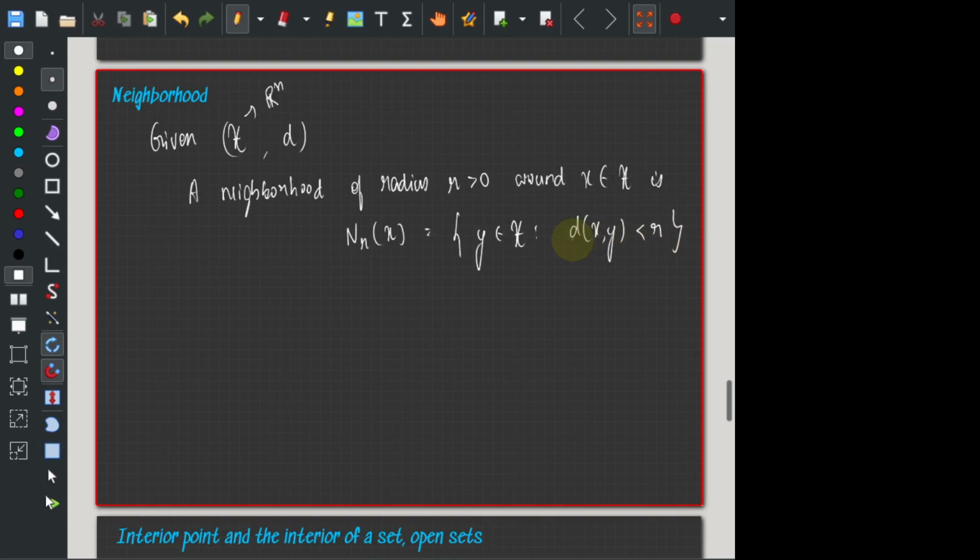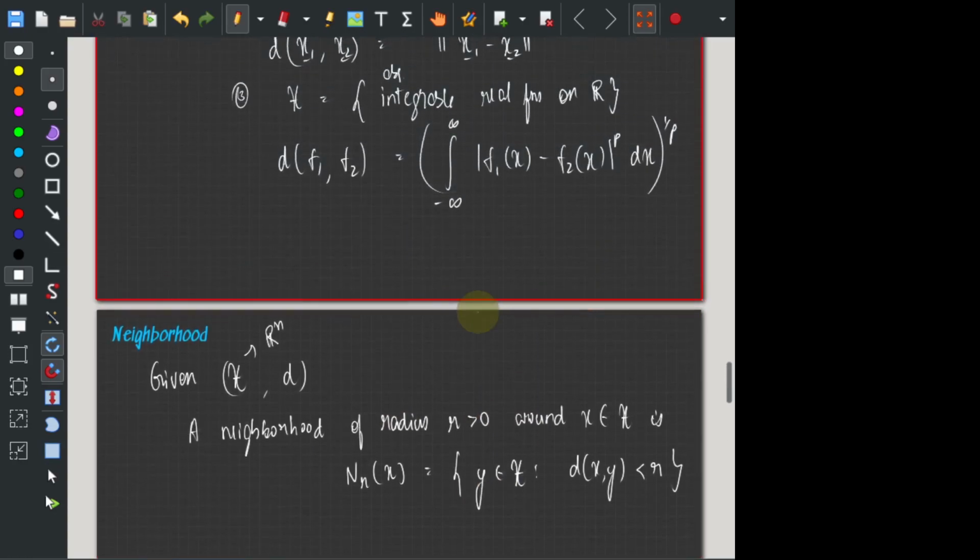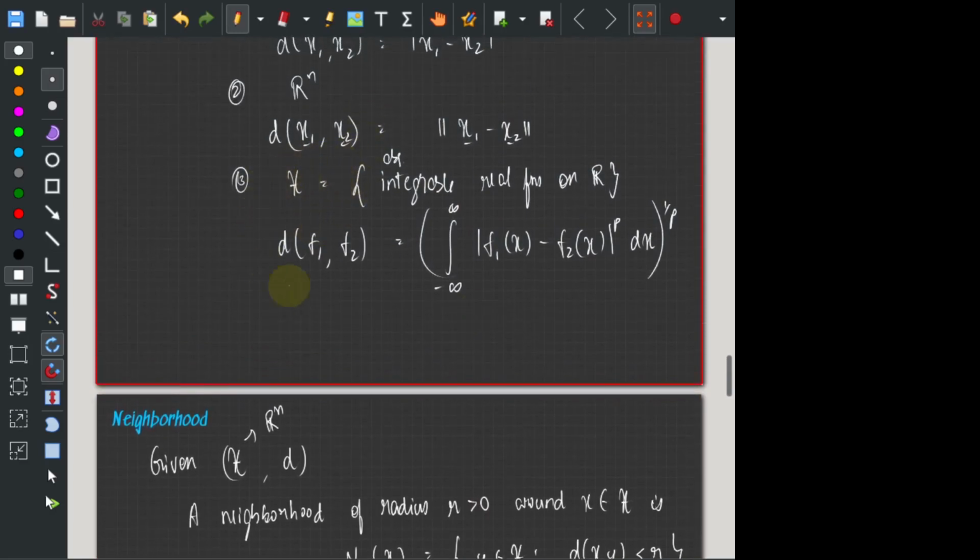For example, in real spaces, think of it as an open ball of radius R around the given point X. That's what I call a neighborhood. It's also sometimes called an open neighborhood. In general, I could define this not just for Rn, but also for a space of functions. All of this makes sense.